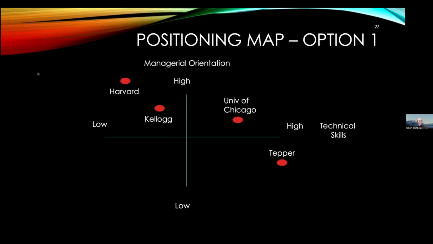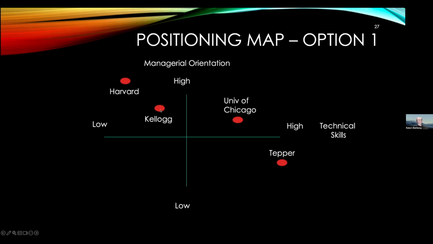This is something that a lot of the organizations, the big marketing companies, do for their products or services. I created a positioning map, and this is just based on intuition, with managerial orientation and technical orientation as the axes. So I have schools like Harvard, very high in managerial orientation, but technical skills are not really very focused on.